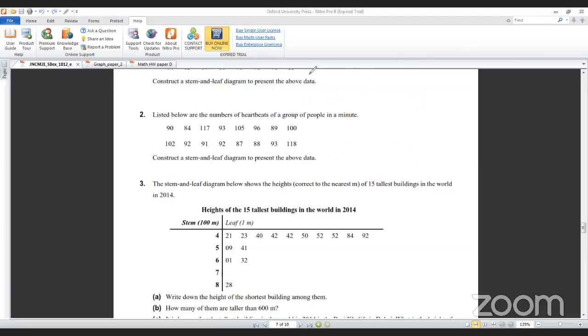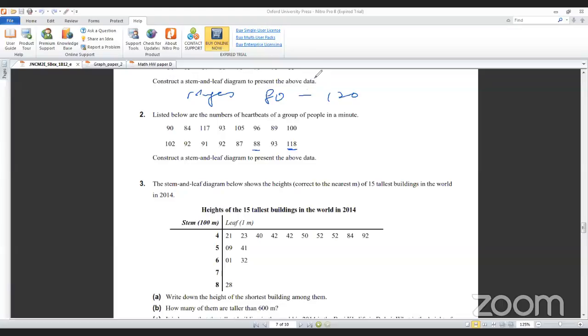Now, for this one, if you have a look at the numbers first, which one is the smallest? The smallest will be 80 something and then up to 100 something. Therefore, it means the data range from 80 to roughly 120.